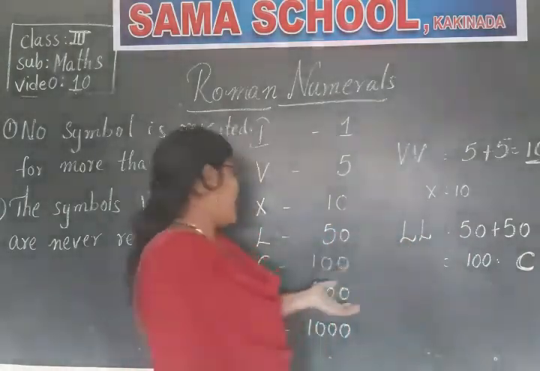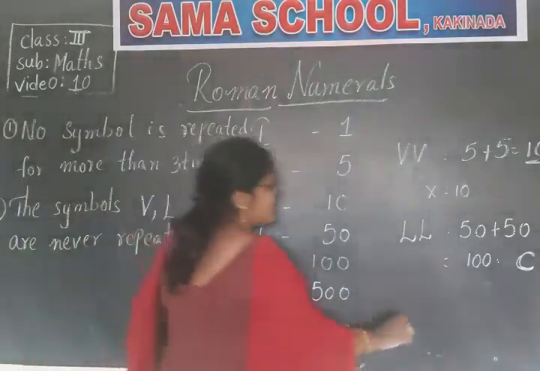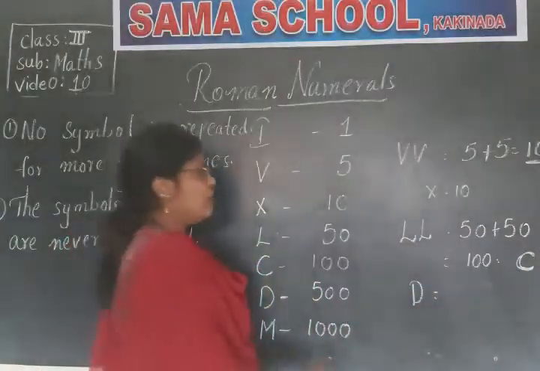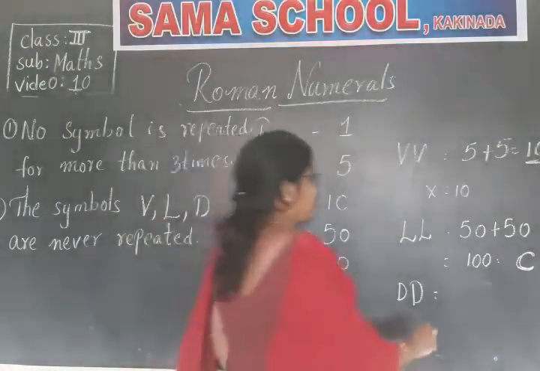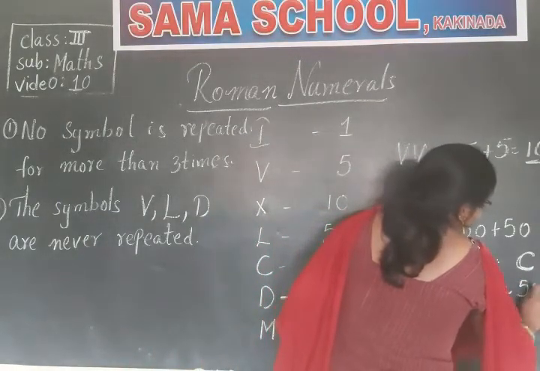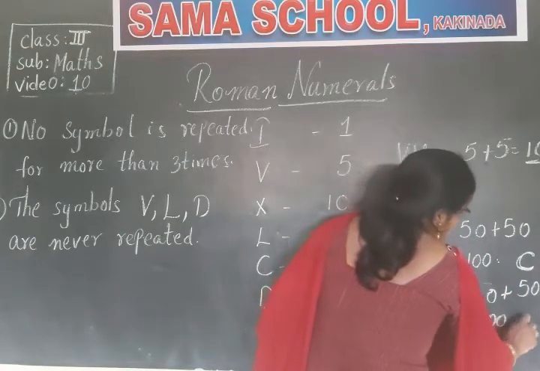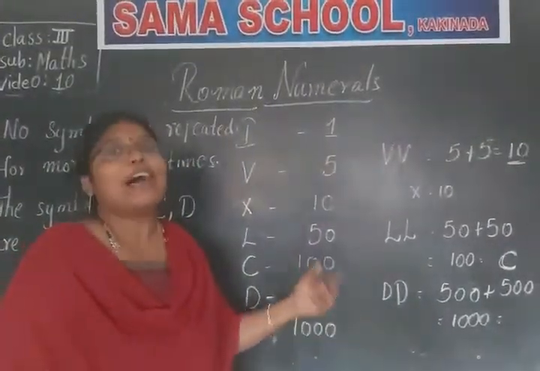The same way, if you take D. What does D mean? 500. If you write two D's, double D, then what does it mean? 500 plus 500, that is 1000. But actually we have a special symbol for 1000 also.